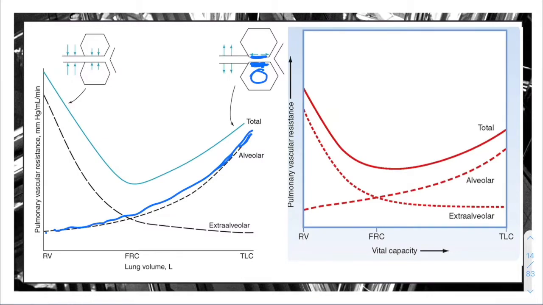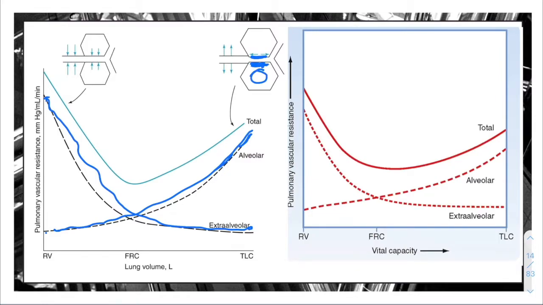Let's take a look at your extra-alveolar vessels. From RV, your extra-alveolar vessels have a higher pulmonary vascular resistance. As you inhale to total lung capacity, there would be a pulling effect.